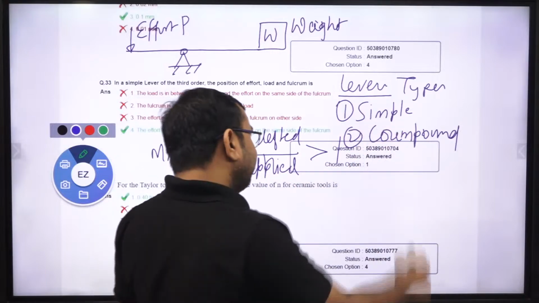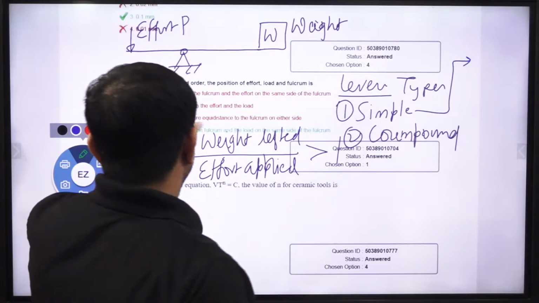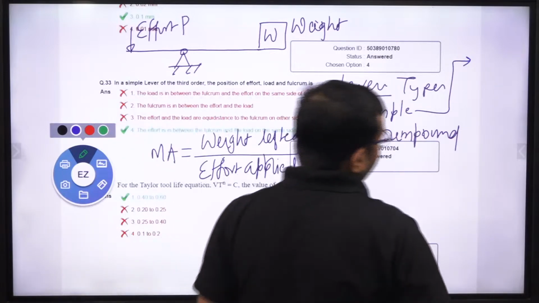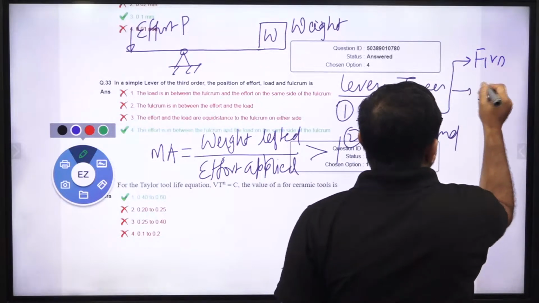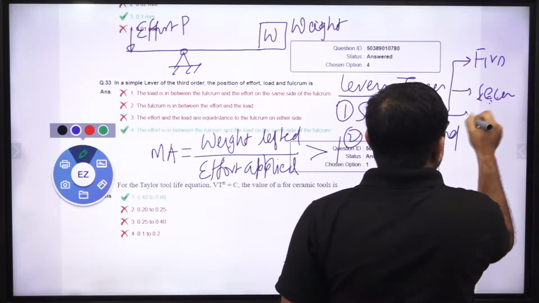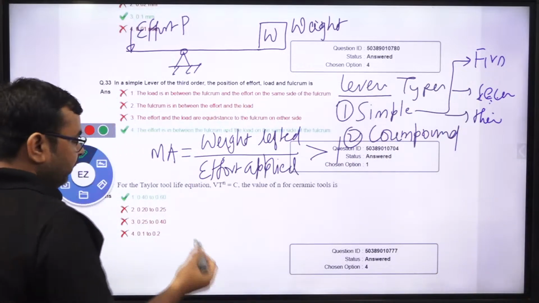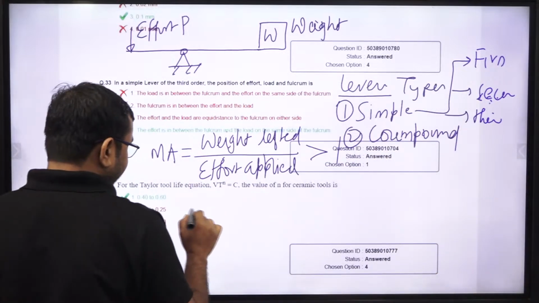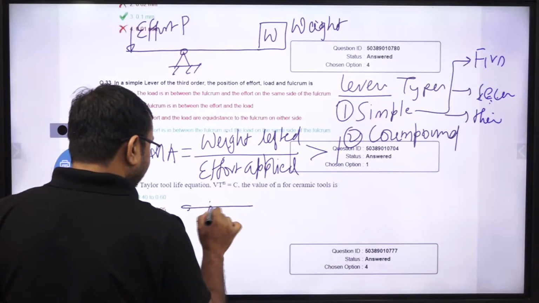In a simple lever we have three orders: first order, second order, and third order. Suppose you have a lever like this, in which we have the fulcrum at the center.